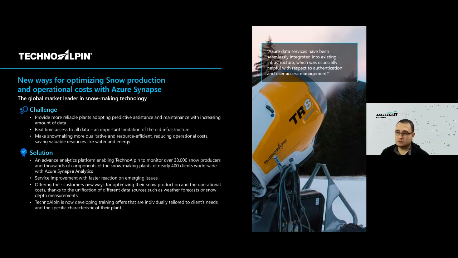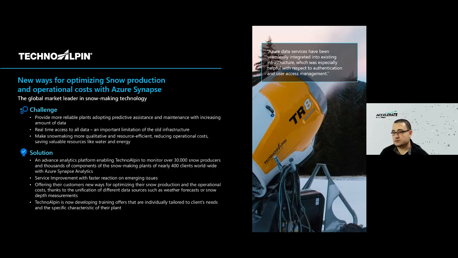machines, look at weather patterns, and predict, hey, do we need to turn on 3 more machines, or should we throttle down this machine because the ice is not of the quality that the ski resort requires.